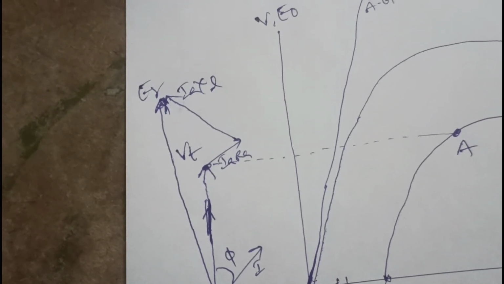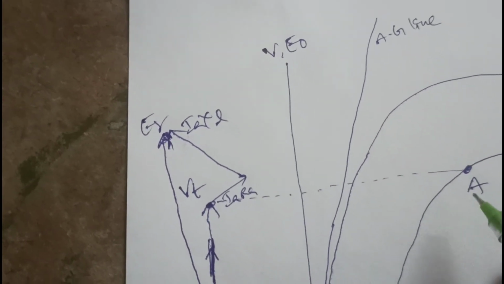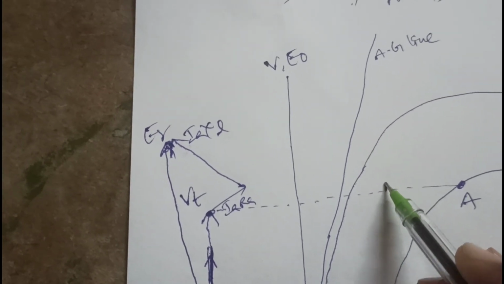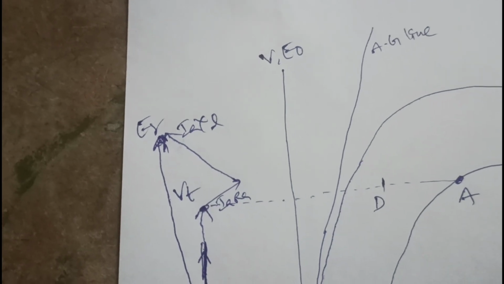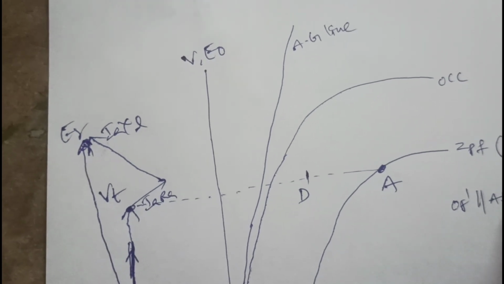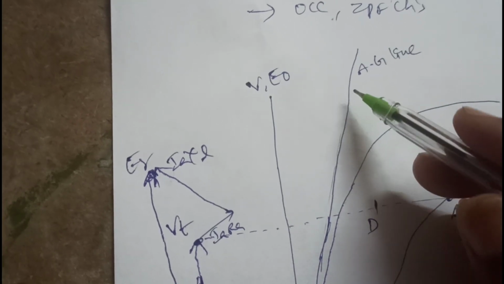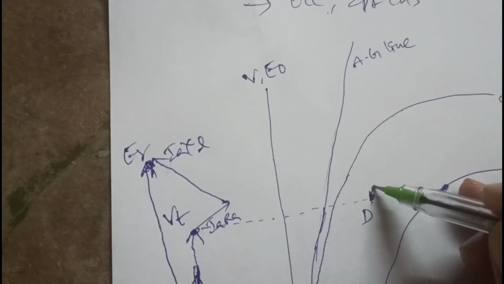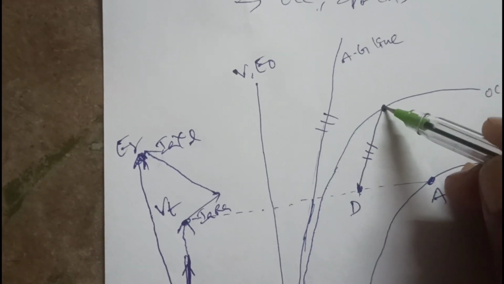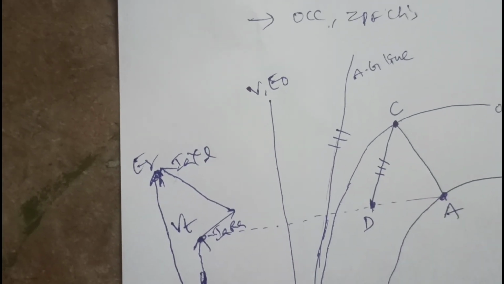This OF dash length, draw one more line parallel to it, and that point is D. This OF dash is parallel to AD. Next, from the D point draw one more line to the tangent line. These two are the same, and you get one more point, called C. Simply join this C point and A point.